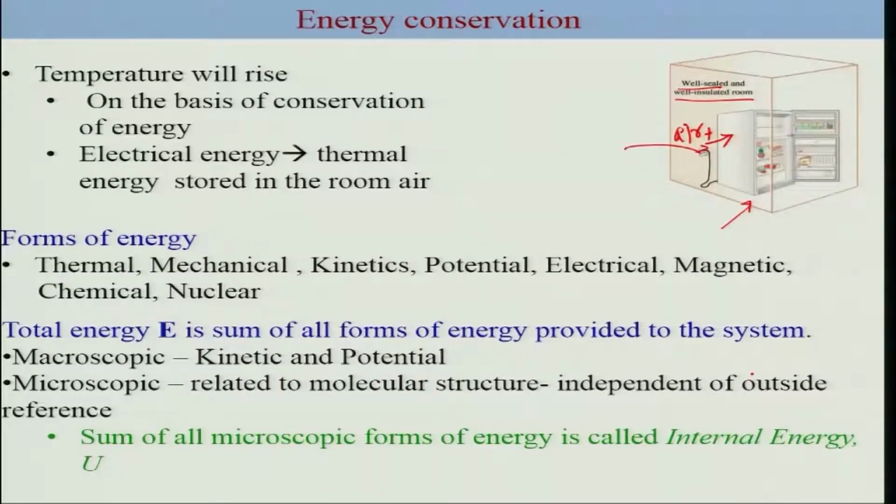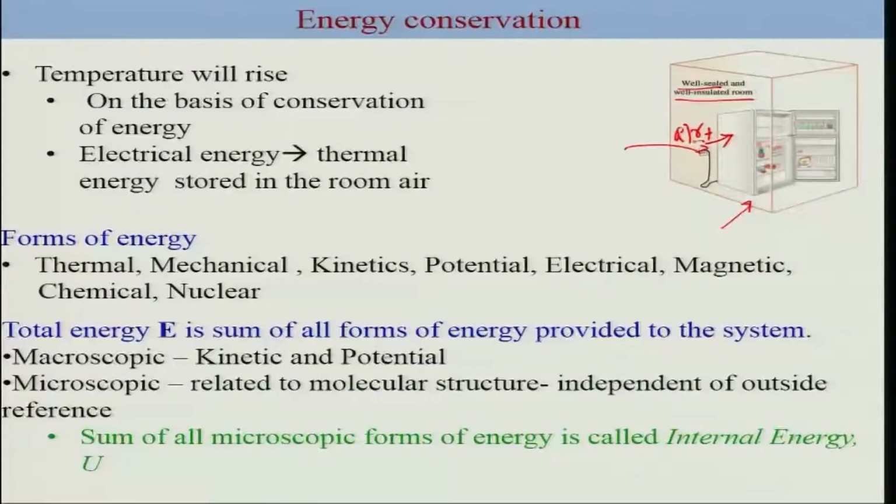Now the first thing you will think is that the room will get colder, but it's not the case. Later on you will realize that it's going to heat up, and the reason is conservation of energy. You are transferring electrical energy into thermal energy, because the electrical energy is provided by this, and then you are increasing the temperature of the room by conversion of electrical to thermal.